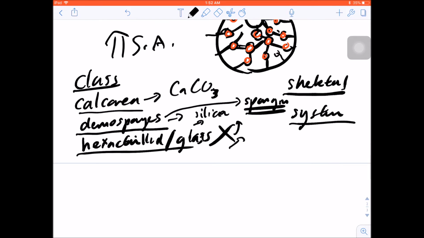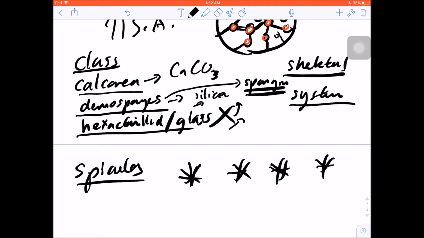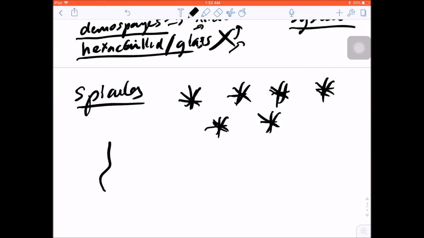So demosponges and hexactinellid sponges have spicules made of silica, and calcareous sponges have spicules made of calcium carbonate. Now, spicules are these caltrop-looking crystalline skeletal elements that are embedded inside the sponge connective tissue. So you have the sponge connective tissue, and inside all that mass, you have these spicules. They're sharp and they act as reinforcement, but they also act as predator deterrents.